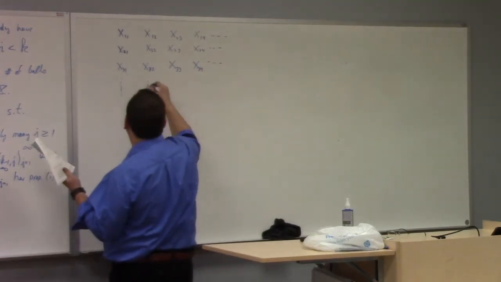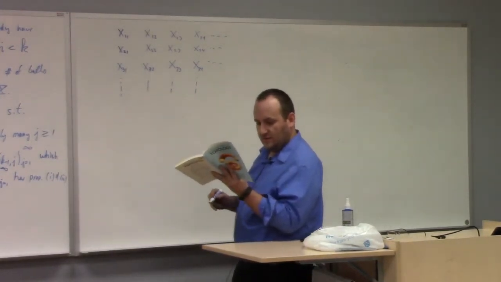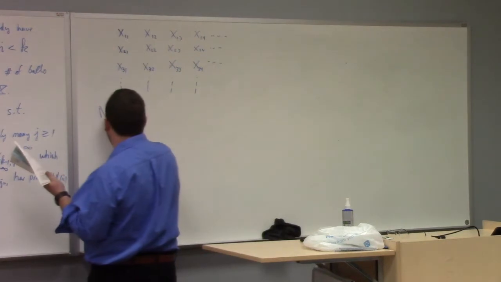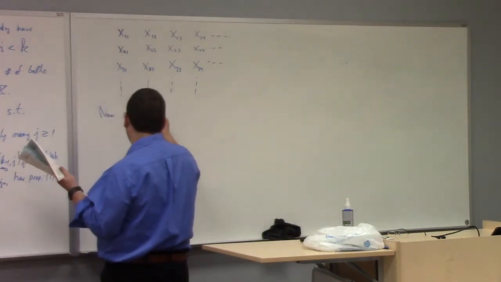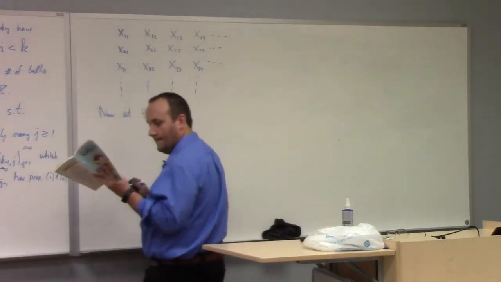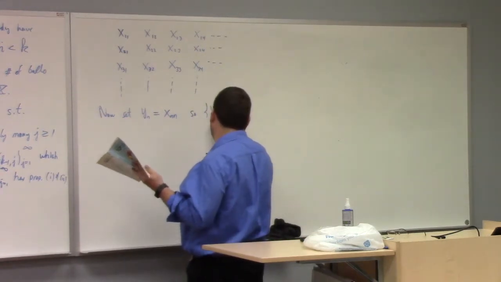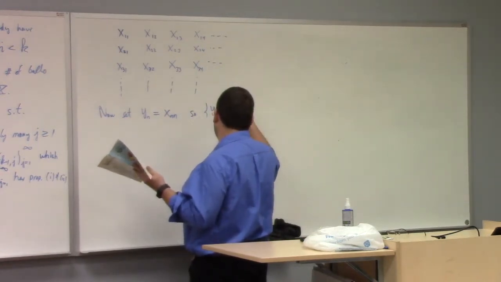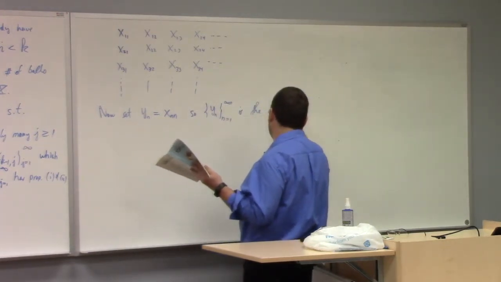And what he says is, now set y sub n equal to x_nn. So this sequence, y_n, n equals 1 to infinity, is the diagonal sequence.